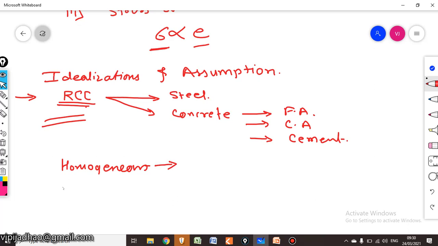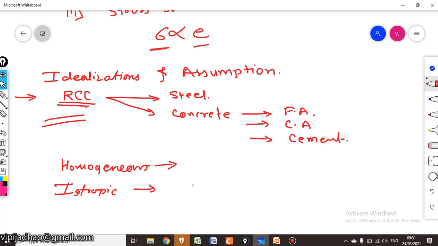Then second, this particular material is isotropic. What is isotropic? The meaning of isotropic is that the physical properties, or modulus of elasticity, of your material are the same in all directions.